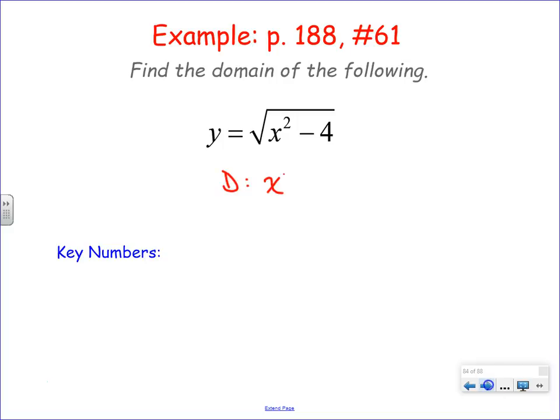Domain problem. When you have a function under an even-powered radical, or even-powered root, the argument has to be, oh, well that's just mean, right? There's no inequality to start with. You have to think, oh, it's a square root function. Oh, hey, what's inside has to be greater than or equal to 0.